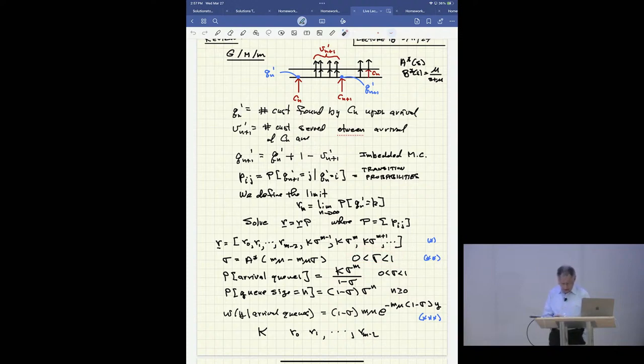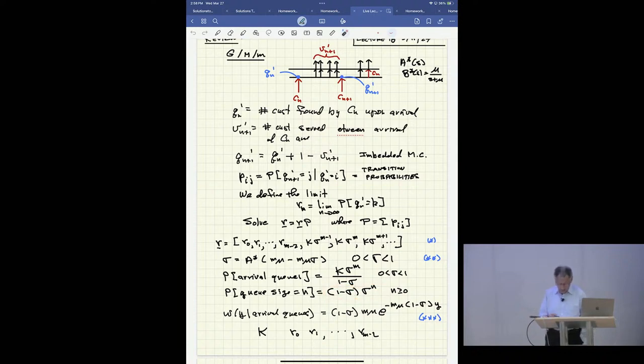We also showed last time the probability that an arrival must queue. We found it's simply equal to this in terms of the known sigma and the unknown K. We also found out for all GMM systems that the queue size equal to n is given by this very nice geometric distribution for all n.